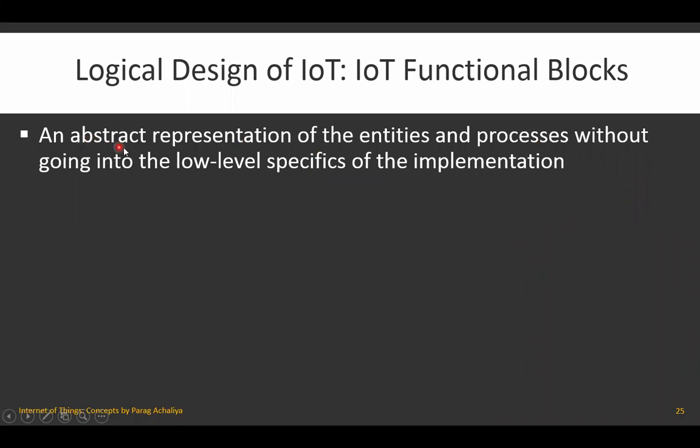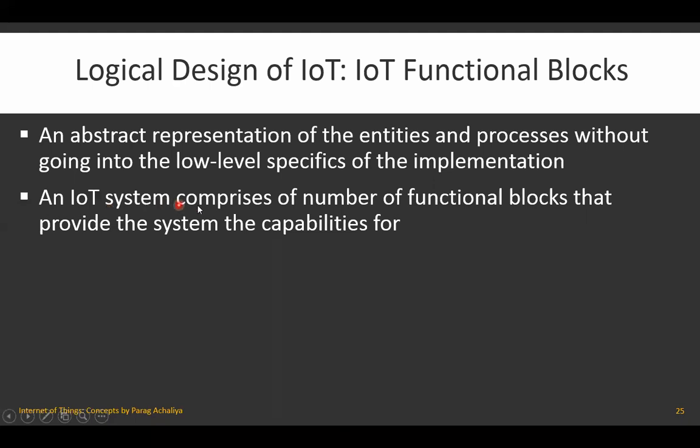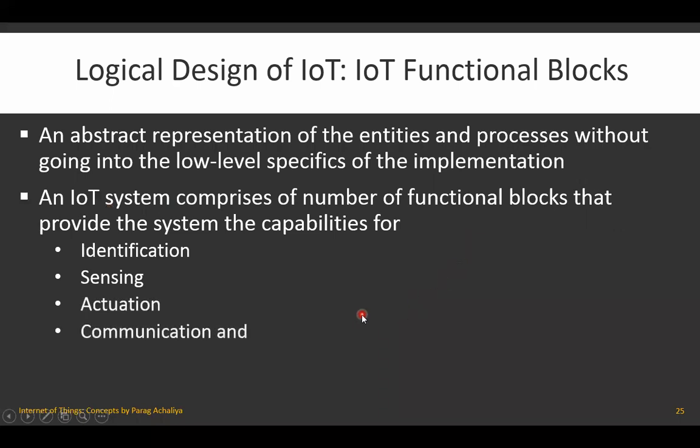We are just going to see the abstract representation of IoT, that is nothing but the logical design. An IoT system comprises a number of functional blocks that provide the system the capability for identification, sensing, actuation, communication, and management.